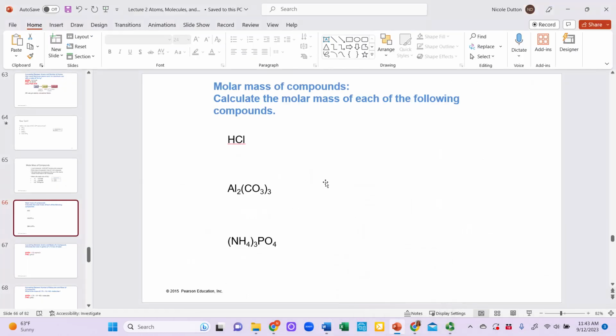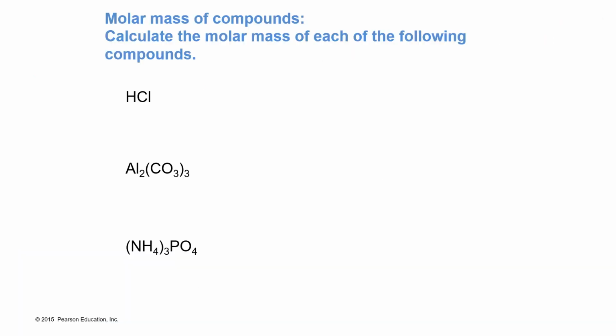So hydrogen, 1 gram. Chlorine, 35.5 grams. And since there's only one of each, we don't have to do any multiplication. We're just going to add them together. And we get 36.5 grams.